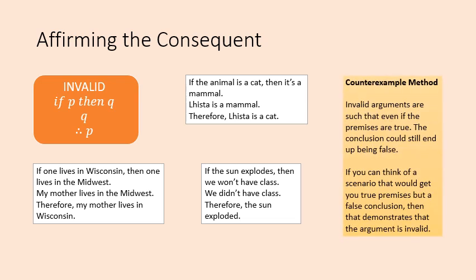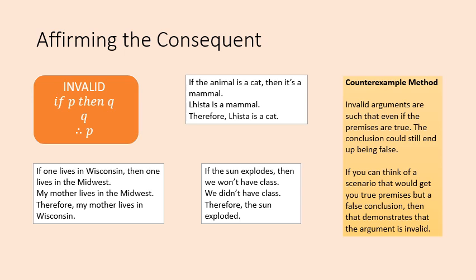So before moving on, I just want to mention that one of the ways to demonstrate that an argument is invalid, or any pattern that you think is invalid, is just to come up with a counterexample. Come up with a substitution instance that gives you obviously true premises and an obviously false conclusion. If we look back to this Wisconsin one, I think it's pretty obvious that both of the premises are true. If you live in Wisconsin, you live in the Midwest.